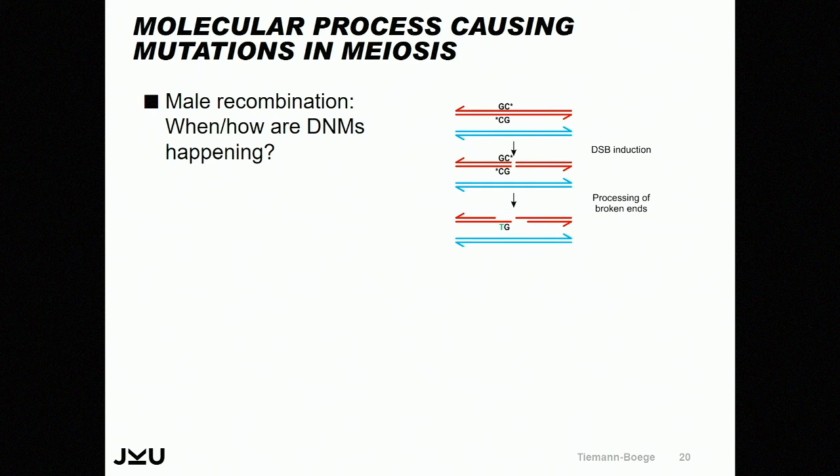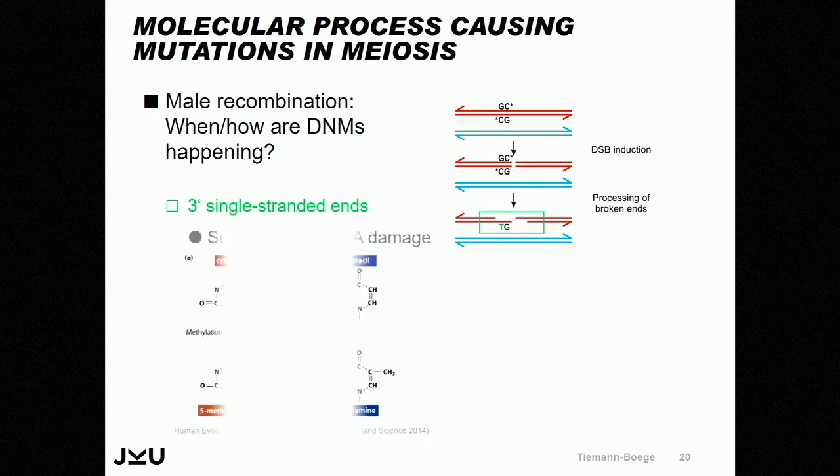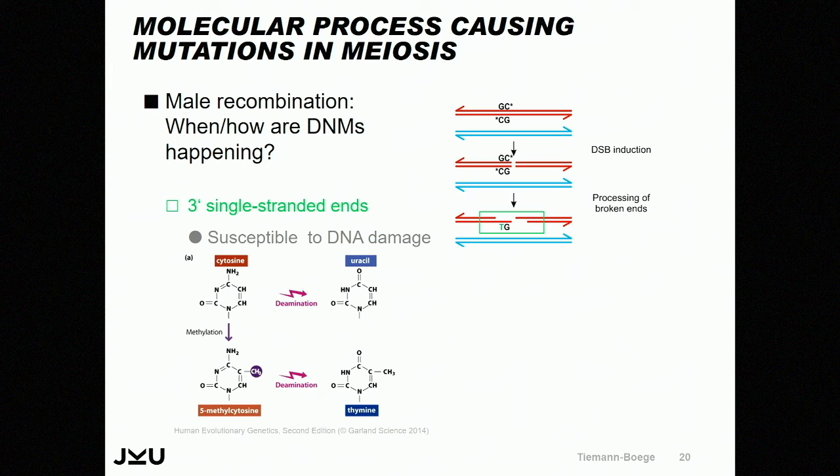So what we think is happening is that as you have these double-strand breaks and you have single-stranded DNA, you have these CpG sites that can deaminate. As you might remember from your chemistry courses, when you have a deamination of cytosine, you produce uracil.